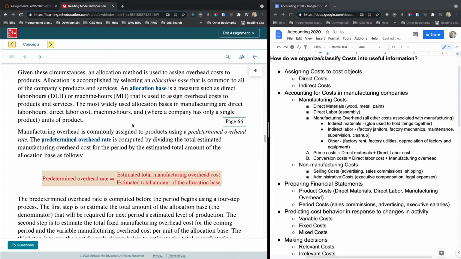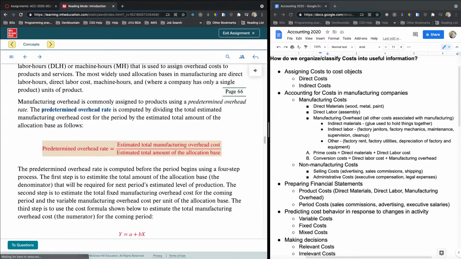Huh. And that's going to give us a fraction or something.